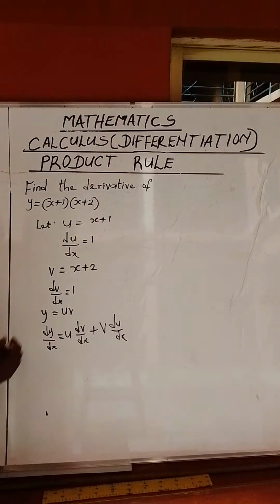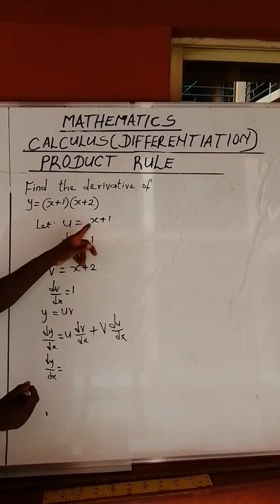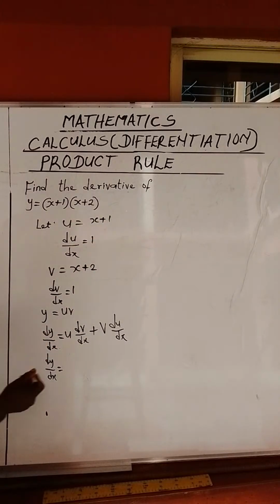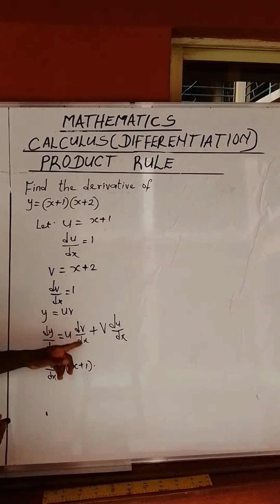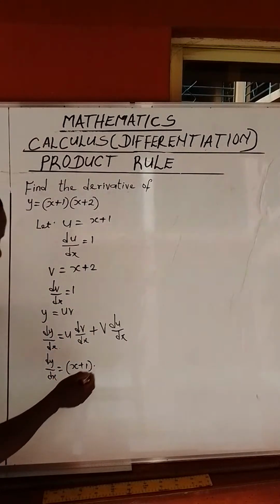So we are going to have dy/dx equals u. u is x + 1, so we write (x + 1) inside the bracket, then dot dv/dx. Our dv/dx is 1, so we write 1 here.